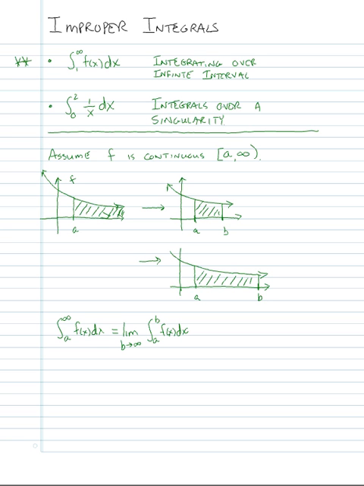So that's how we will do this calculation. An example here is if we wanted to integrate 1 over x squared with respect to x from the value 1 to infinity. But first, let me show you what this graph looks like.